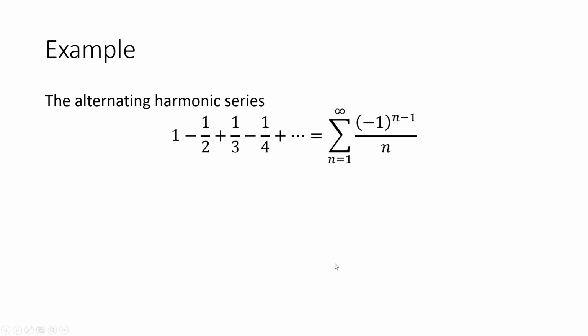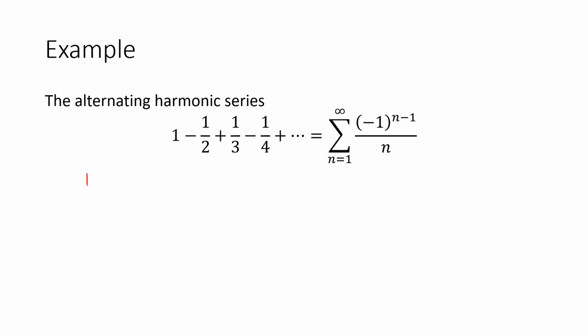Let's try it out with that simple example we started with, the alternating harmonic series. Remember, the harmonic series is 1 plus 1/2 plus 1/3 plus 1/4, but the alternating harmonic series is going to have alternating terms: 1 minus 1/2 plus 1/3 minus 1/4, and so on. It's pretty easy to check those two conditions.